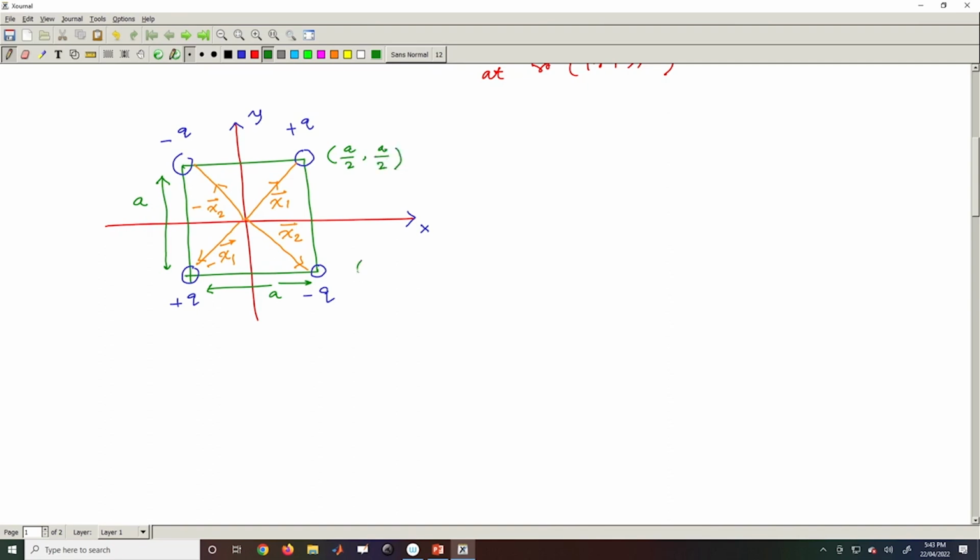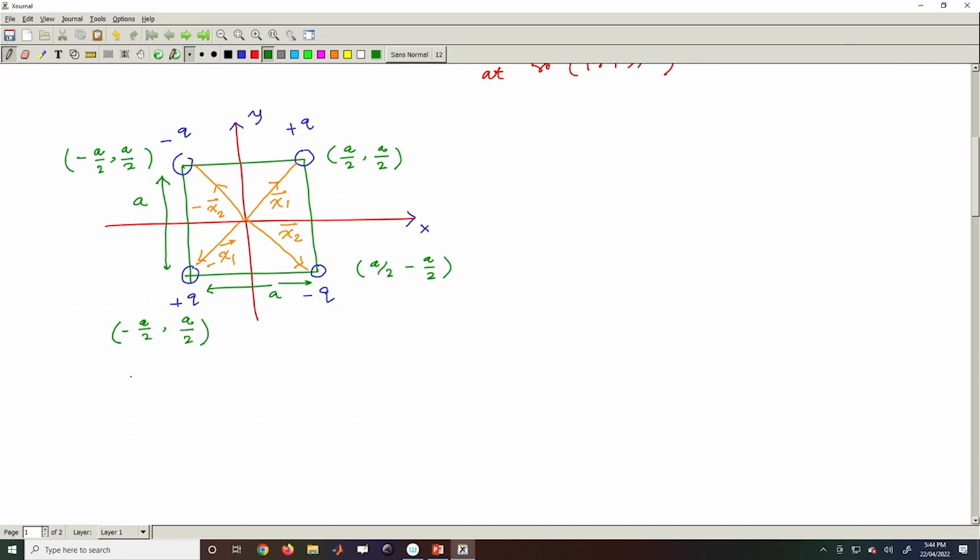The coordinate of this point is a by 2, minus a by 2. The coordinate of this point is minus a by 2, a by 2, and this is minus a by 2, minus a by 2. These are the locations of these point charges.